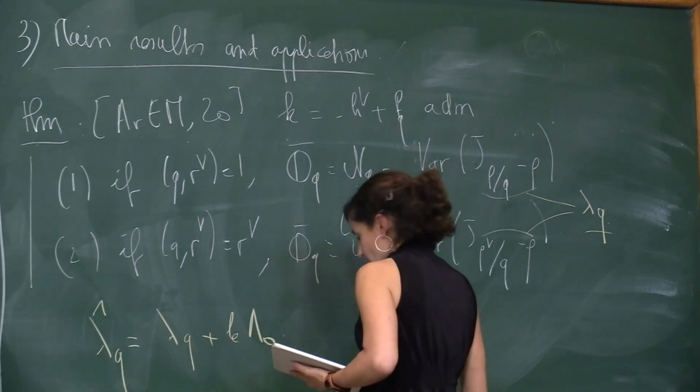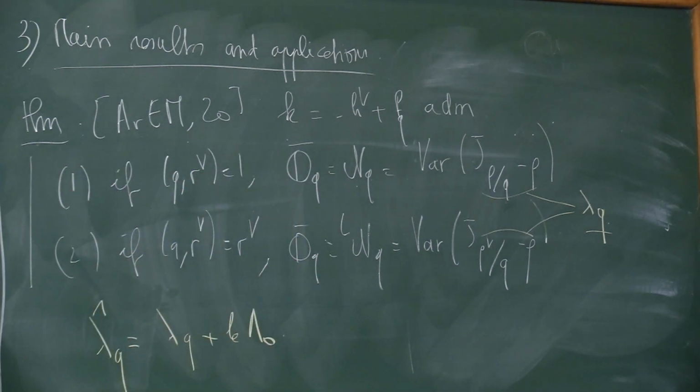The proof uses representation theory of admissible vertex algebras, although as I mentioned, the result has a priori nothing to do with that. So, idea of the proof.